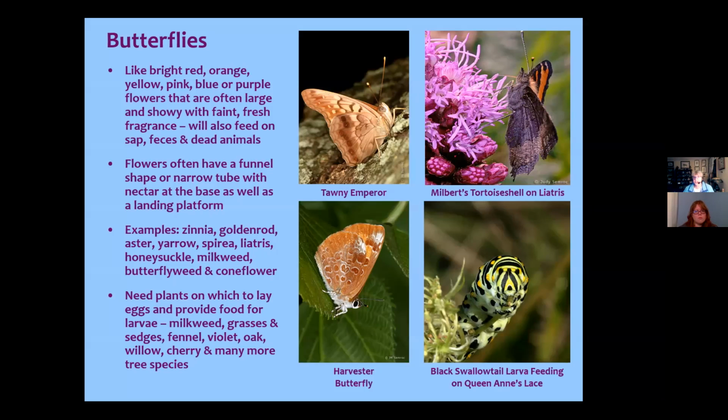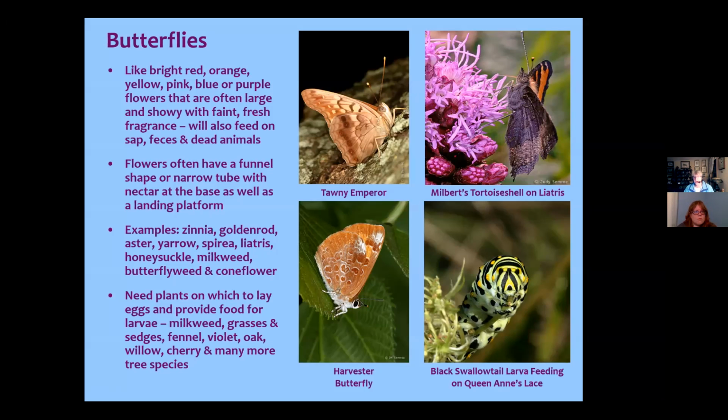The other parts that we know, for example, here's our liatris that has this long tubular flower. Butterflies and moths have those long, skinny little straw-like tongues that allow them to get into the base of the flower so that they can get to the nectar.